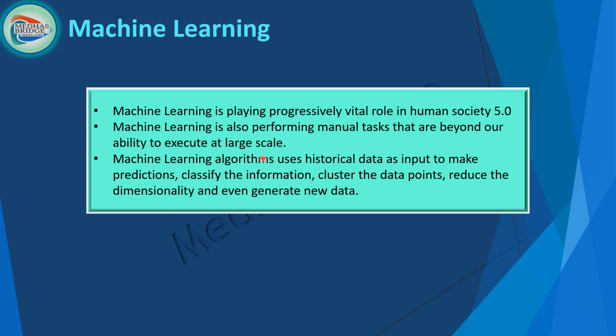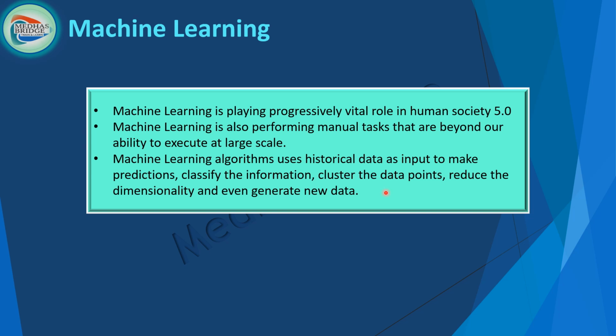One important point that everyone should remember is that machine learning algorithms use historical data as an input to make predictions, classify the information, cluster the data points, reduce the dimensionality, and even generate new data.